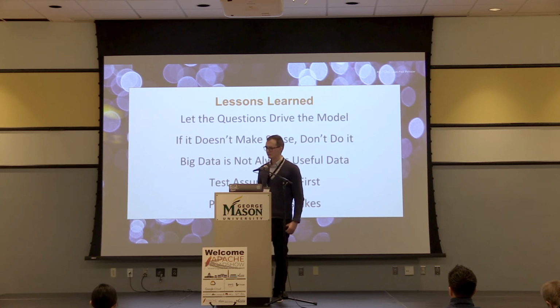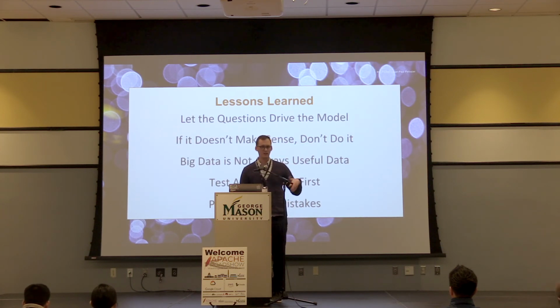This one seems really basic, but there's a lot of things that have been said at the conference that are really basic, like patch your software, read the docs. If it doesn't make sense, don't do it, right? Don't try and shoehorn things into your data model that just don't make any sense.